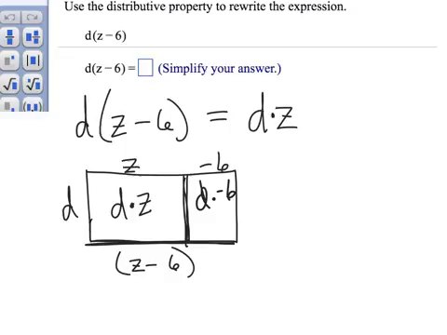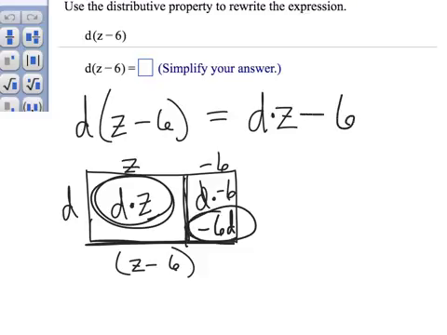All right. Now, this d times negative 6 can be rewritten as negative 6d, because that's the commutative property. So this area is dz, this area is minus 6d, and that is your distributive property. Now I want you to look at this.